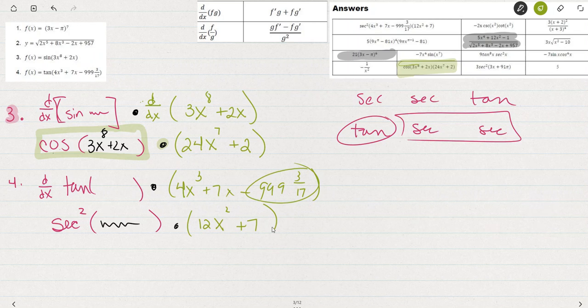And it looks like that's it. So we have the secant squared of 4x cubed plus 7x minus that mixed number times the 12x squared plus 7, the derivative of the inside. That's number 4. Let's move on to number 5.